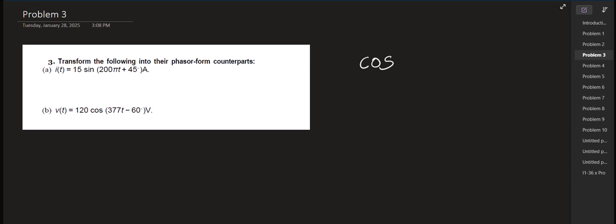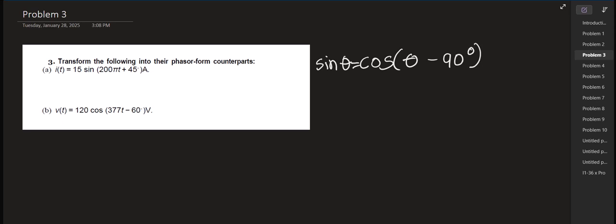Unless you're like me and I tutor the trigonometry class a lot, you probably don't remember all of your trig identities. But one of them is that sine theta equals cosine of theta minus 90 degrees.